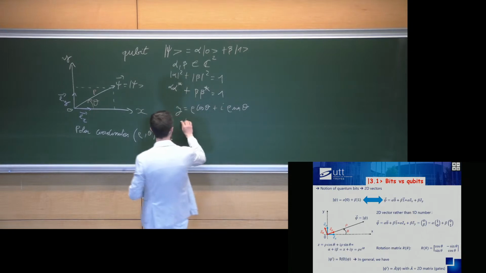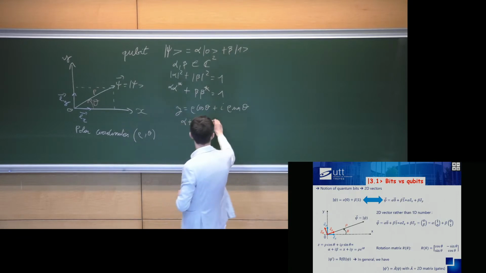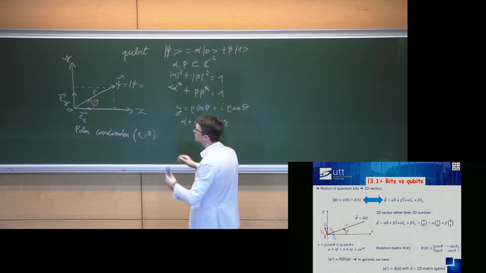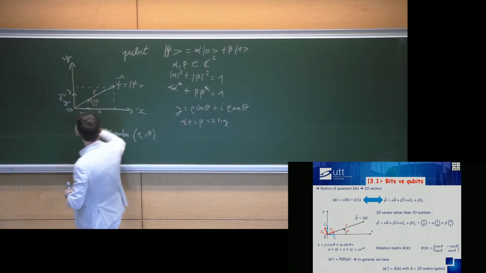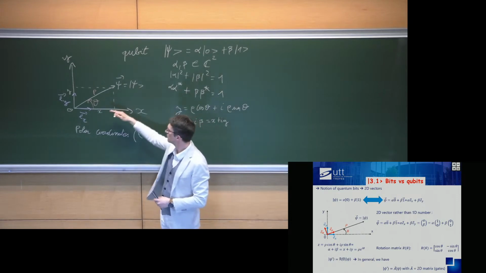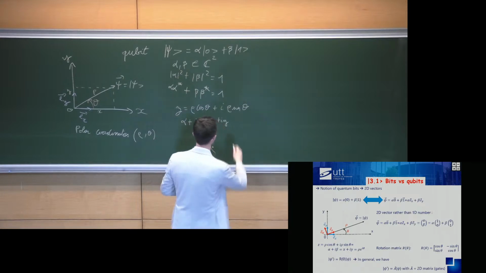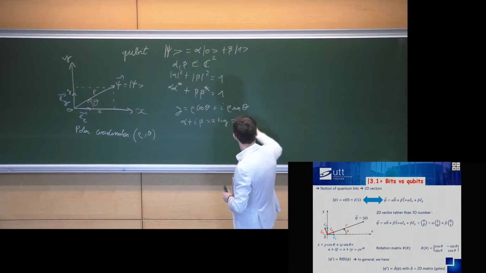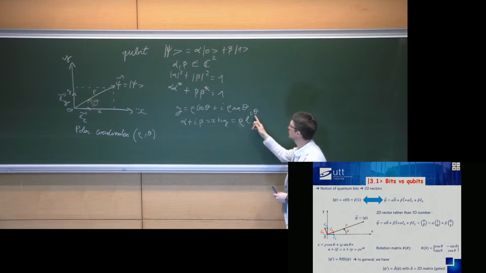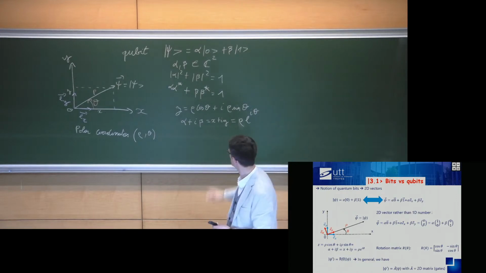We can write it like this: alpha plus i beta is x plus iy in standard form. So this would be the x projection of the vector on the Ex axis, and the y projection of the vector on the Ey axis. And this can also be written in that manner, which is rho exponential i theta, which is the same as writing it as here.